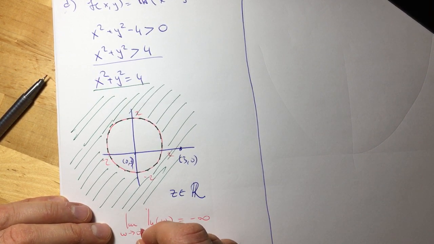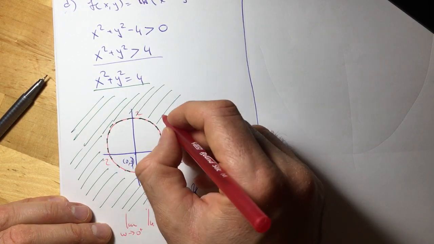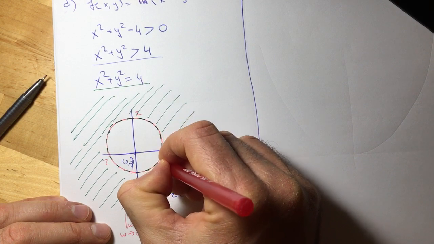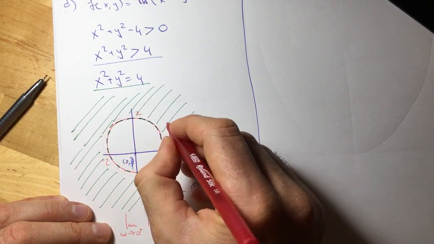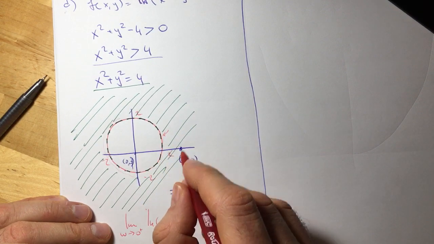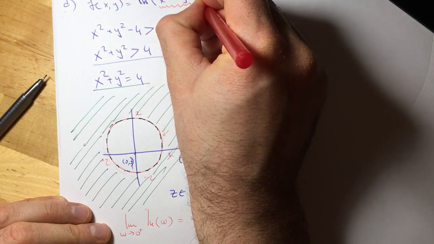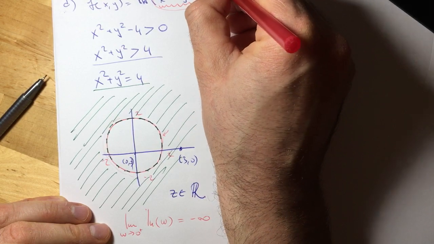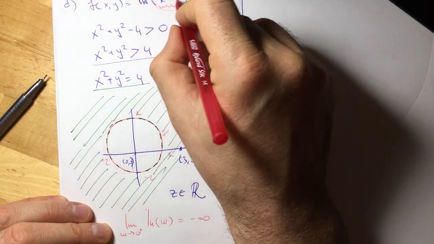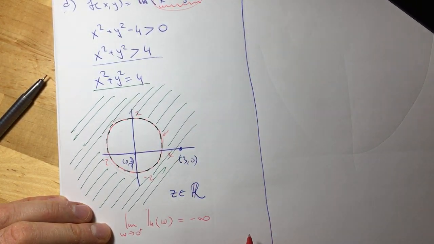Which means that for any points very close to this circle, extremely infinitely close, this expression here will go towards 0, and because of this squared, it's going to go to 0 from the right.